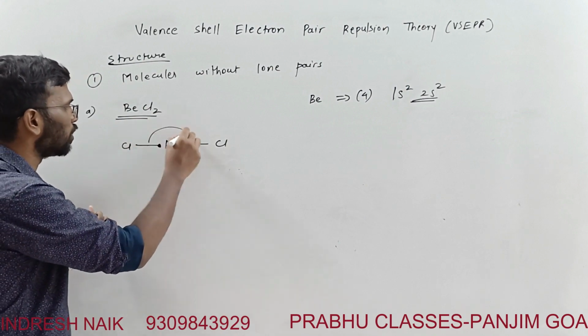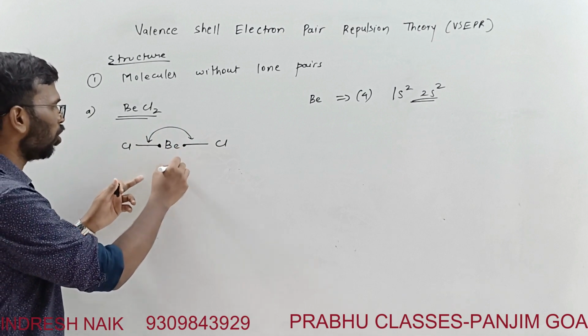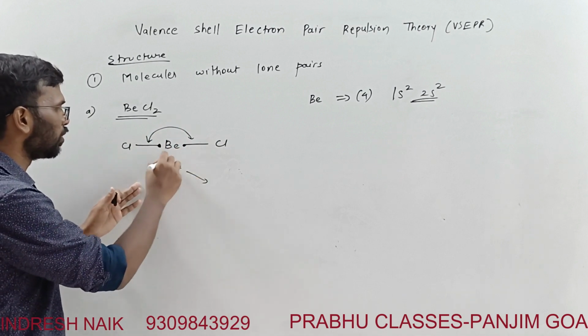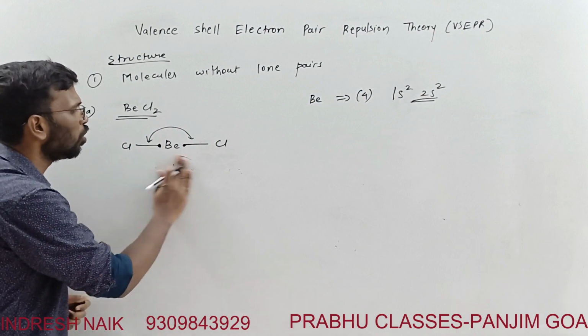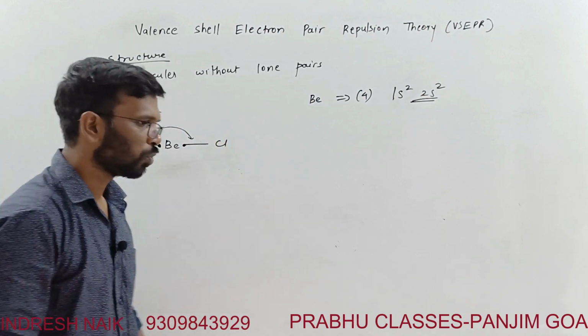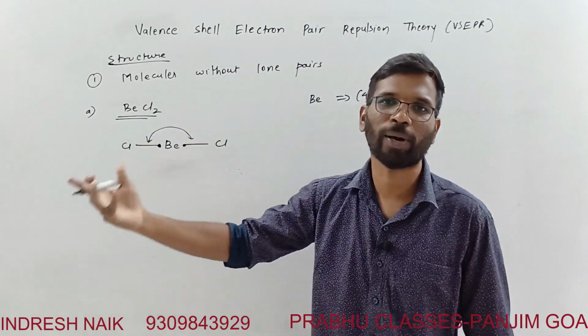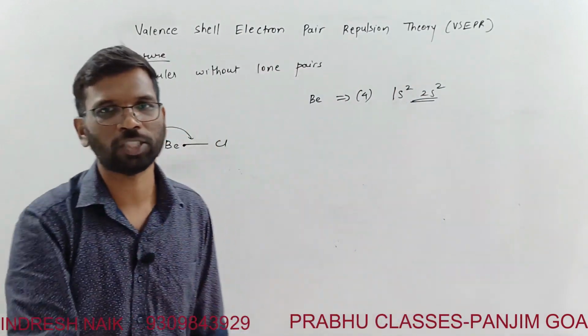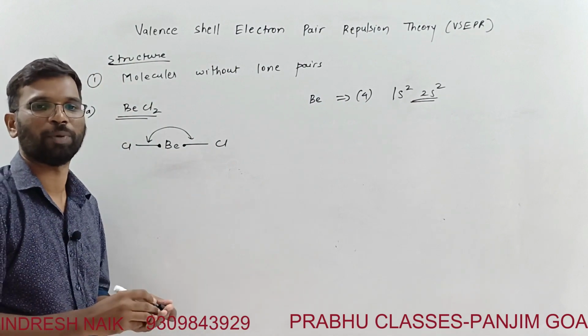This is the optimum distance they can stay apart. It cannot be any other angle. So in beryllium chloride, they stay as far apart as possible; there is no lone pair, but the bond pairs repel to a maximum extent.